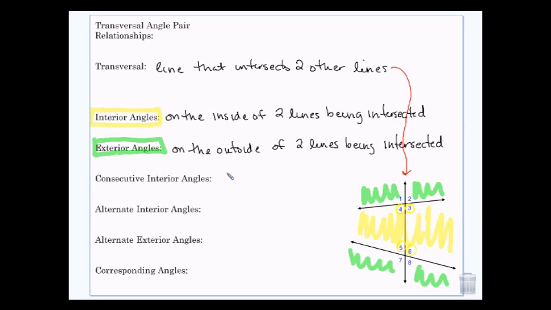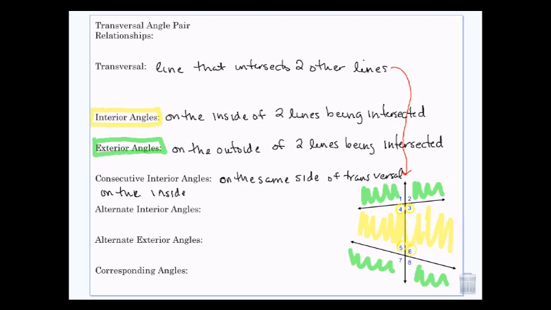Okay. Consecutive interior angles. When you talk about consecutive, you're talking about coming in order, right? If we number things consecutively, we go 1 and then 2 and then 3 and then 4, 5, etc. So consecutive interior angles are on the same side of the transversal on the inside.